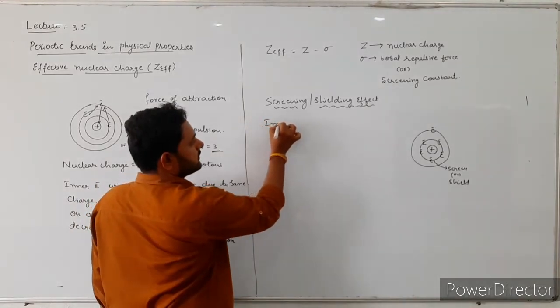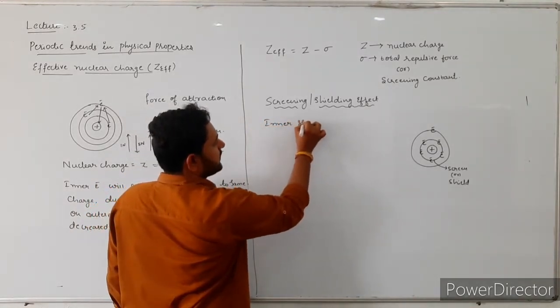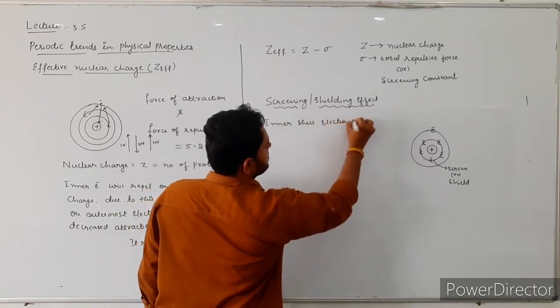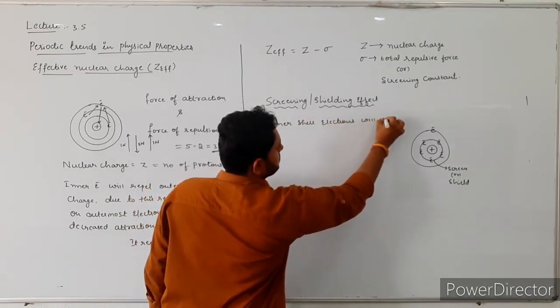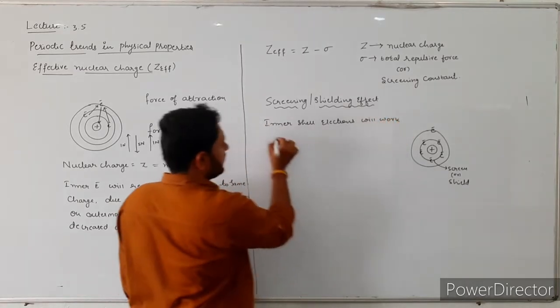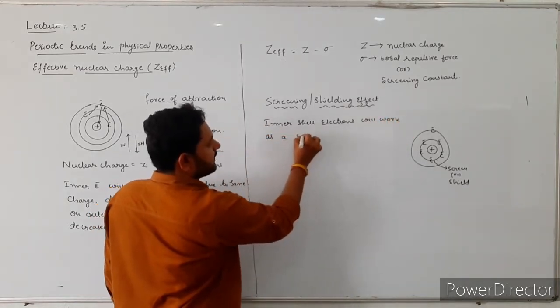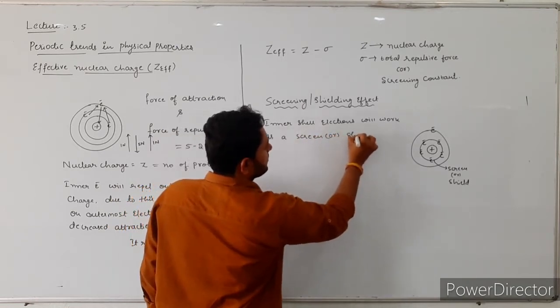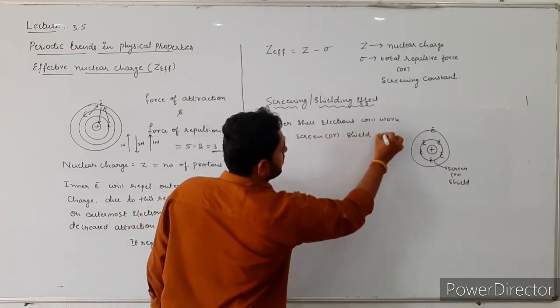Inner shell electrons will work as a screen or shield around the nucleus.